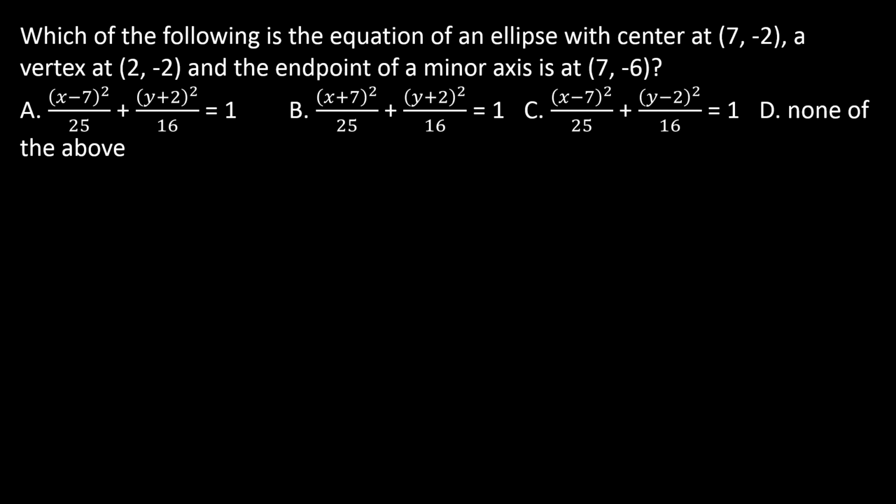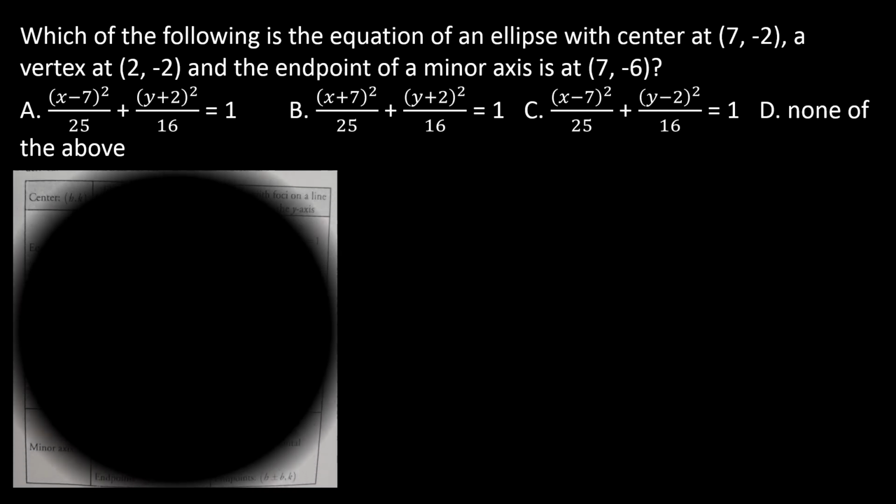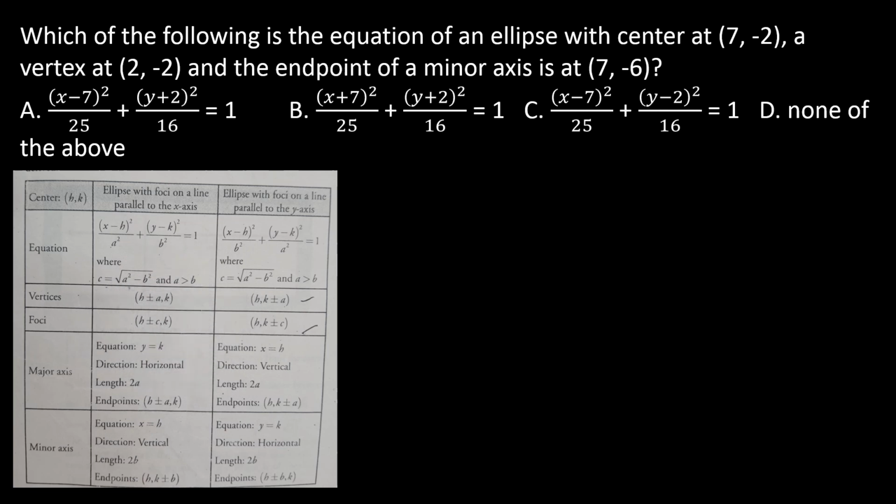So obviously, we can distinguish using the table of properties of these two types of ellipse. Accordingly, the first number must be different. We have center at h and k, and for this first type of equation the vertex is h plus or minus a, and k.